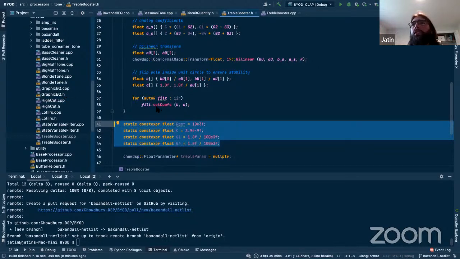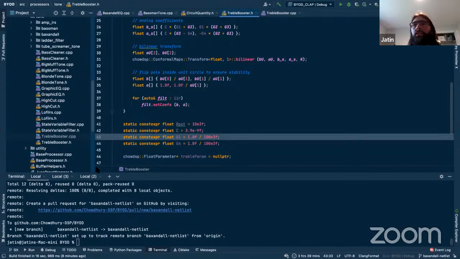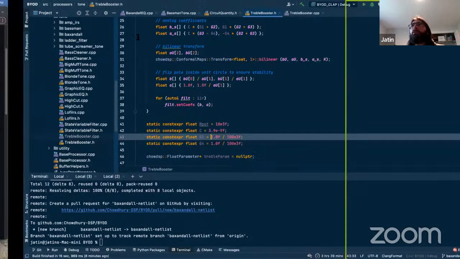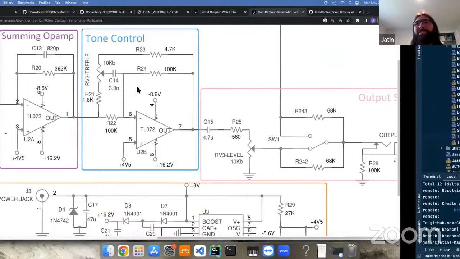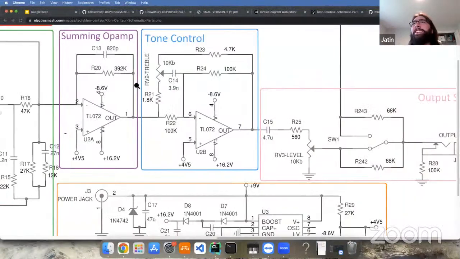So G1 and G4 are 1 over 100K. So those must be 100K and 100K. I don't remember which one's which, though. Man, I documented this all somewhere, but I don't remember exactly where. Our pot is 10K. That makes sense, yeah.